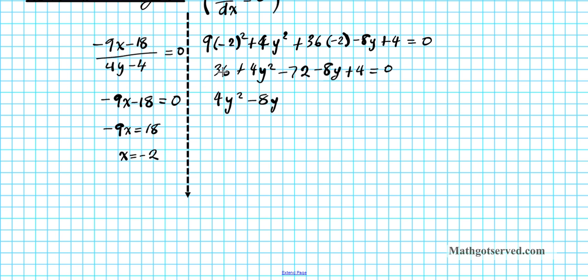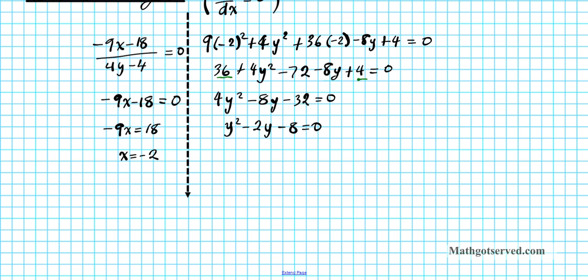And then if we combine 36 plus 4, that is 40. Negative 72 plus 40 is negative 32. So minus 32 equals 0. If you notice, 4 can go into all three terms, so we can divide by 4, and then we'll have y squared minus 2y minus 8 equals 0.